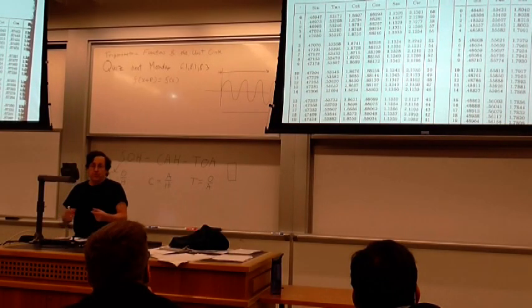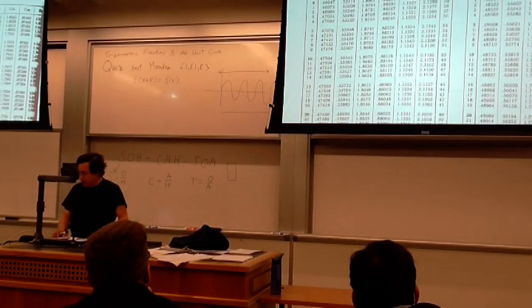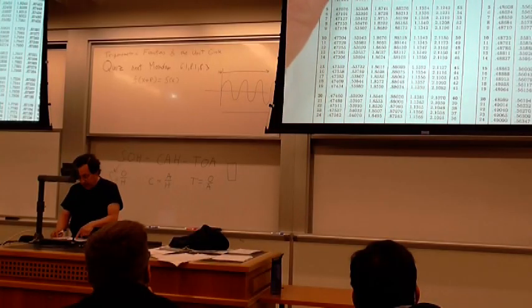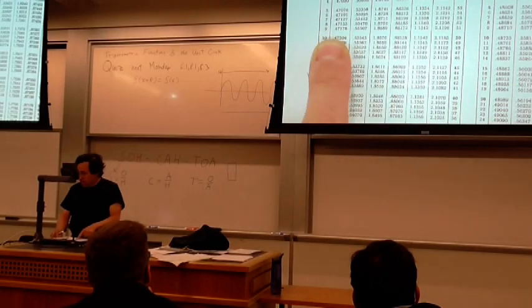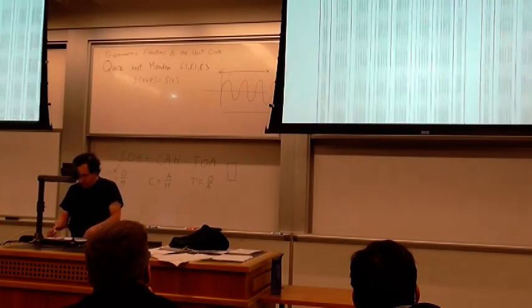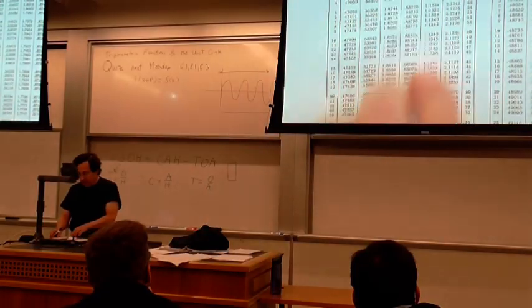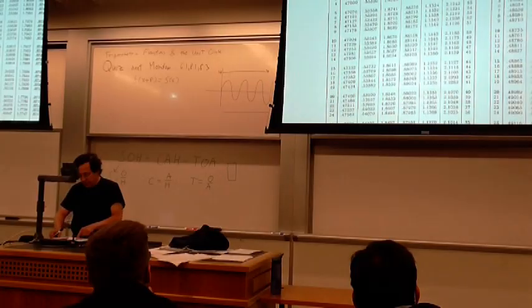So you can figure this is many pages. And the way you look up an angle is you go to the page where the angle is, and then down here you have the minutes. So it goes all the way from 0 to 60 minutes. And then you can look up the sine, cosine, tangent, and various other functions.